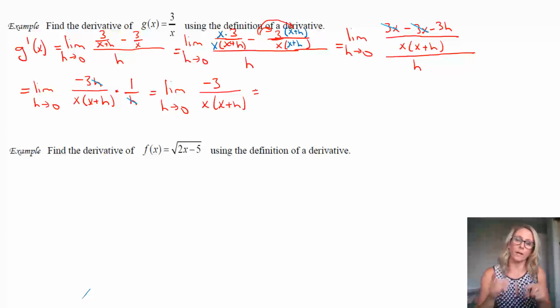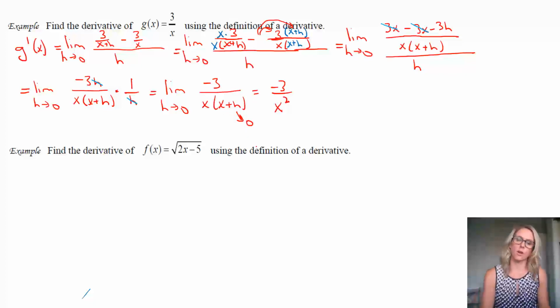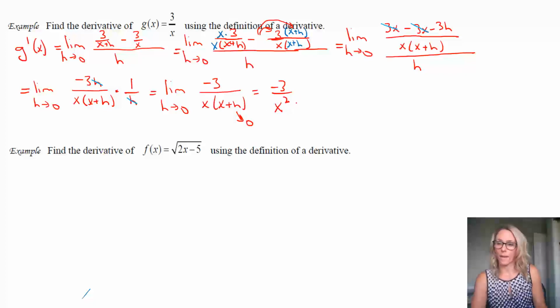We no longer have a factor of h in the denominator, and so now when we look at this limit as h goes to 0, we just end up with a negative 3 over, any guesses? So the idea here is this is going to 0. Now we can plug in and get something that is legit, that does not have issues like the 0 over 0, and we get a negative 3 over x squared. And that is our answer.